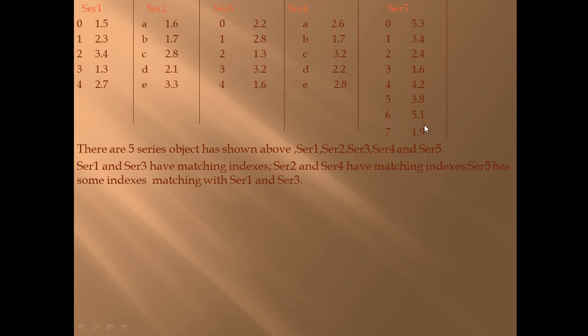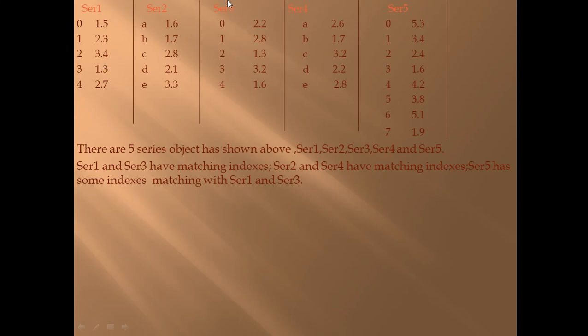So here you can see that there are 5 series objects as shown above: series 1, 2, 3, 4 and 5. Series 1 and series 3 have matching indexes.